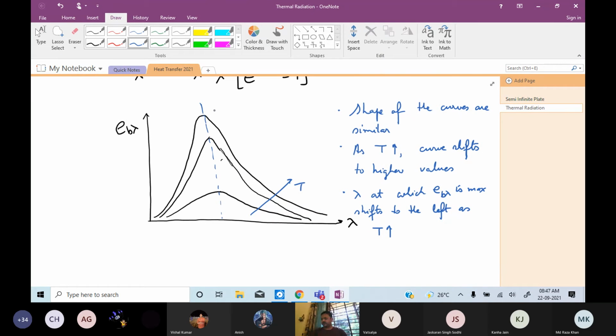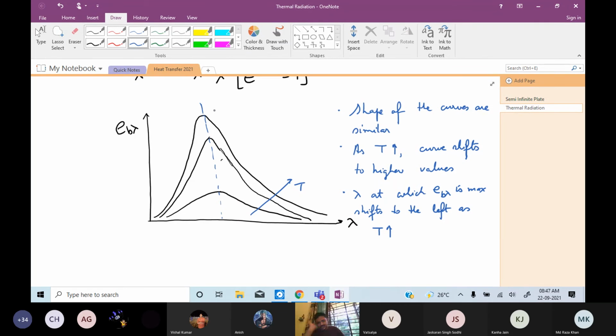Right. So three observations. We have just plotted Planck's law expression as a function of lambda for different values of T. First of all, the nature of the curve is something that we have plotted several times before.